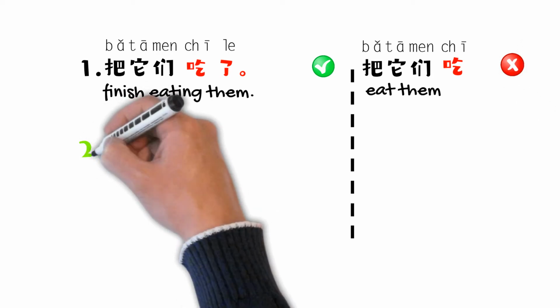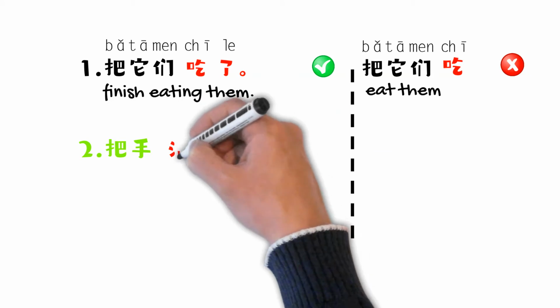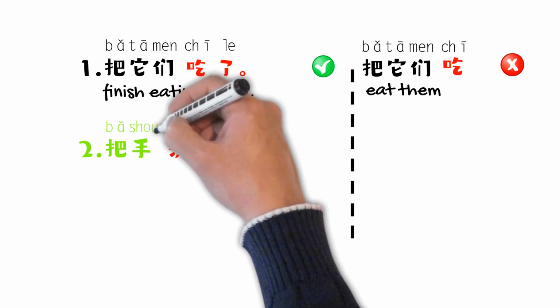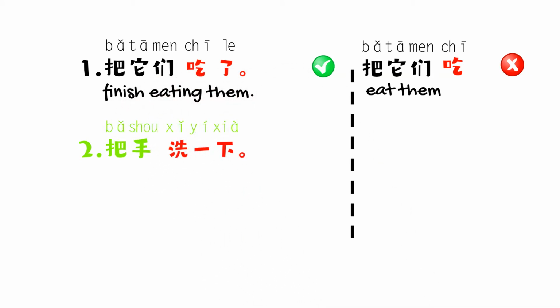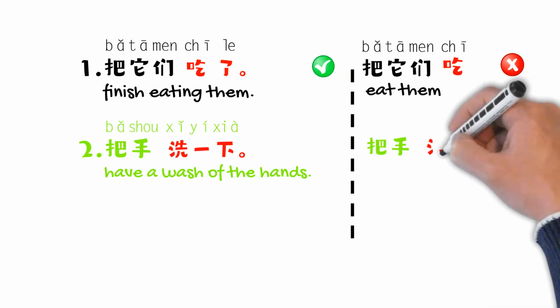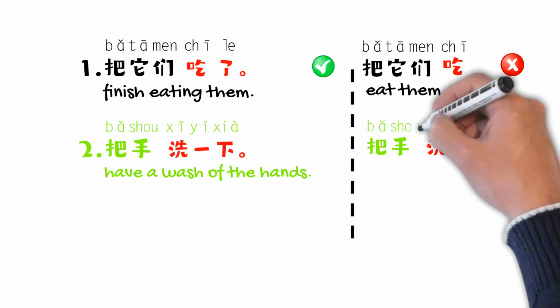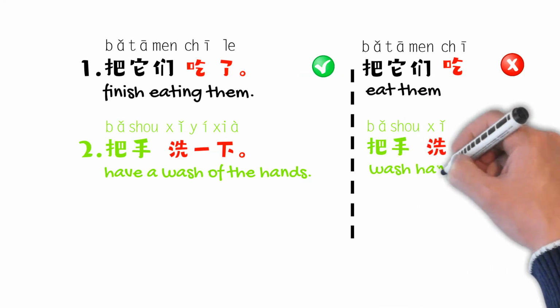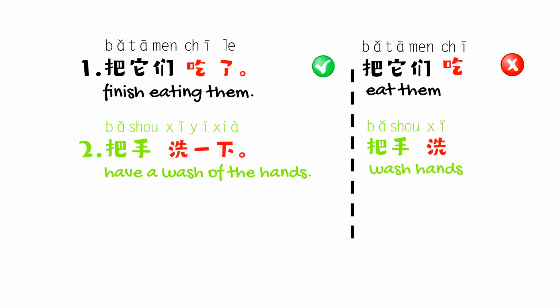Example number 2. 把手洗一下, which means have a wash of the hands. The similar one is 把手洗, which means wash hands. So we can see very clearly the difference: the first sentence 洗一下 is a polite request, and we have the feeling that after 洗一下 we can have our hands very clean.